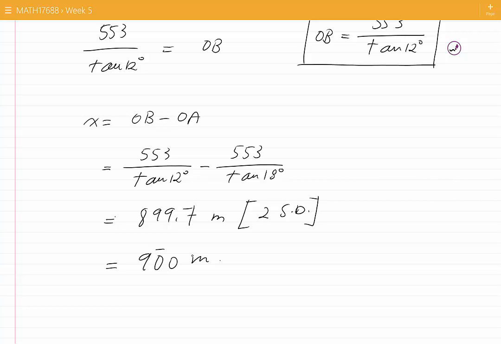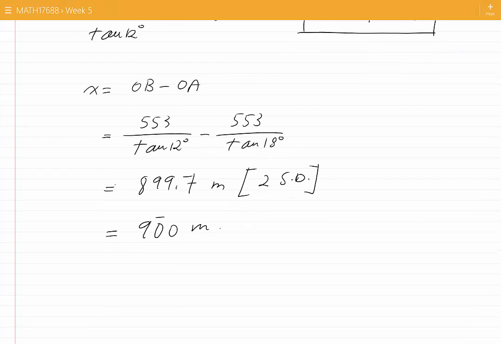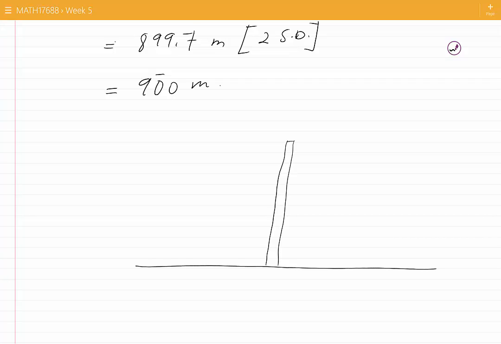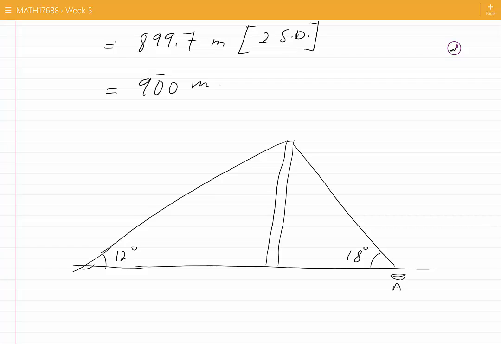This would be the distance between the boats if we assume both of the boats are on the same side of the tower. Another possibility would have been to assume that the boats are on different sides of the tower. Let's say one of the boats, let's call it boat A, is, as the illustration shows, on the right hand side, with 18 degrees, and the other one on the left hand side with the angle of elevation of 12 degrees.